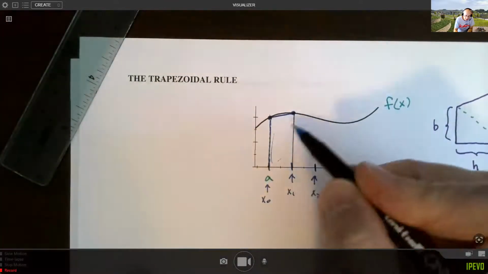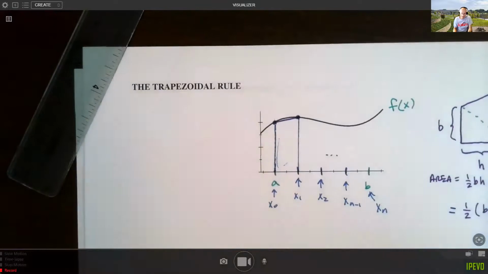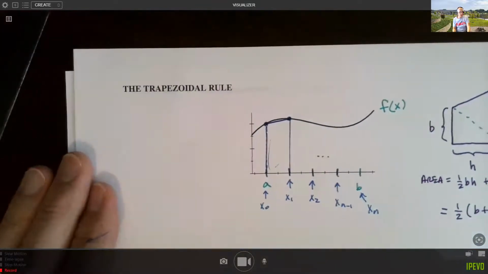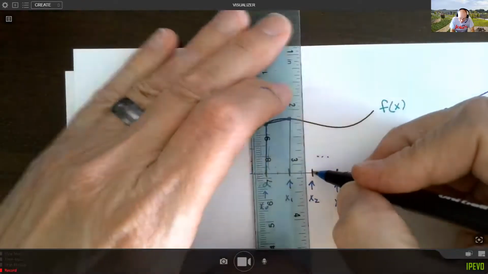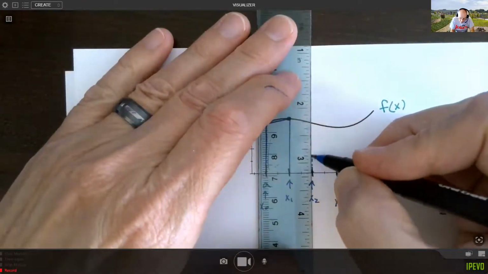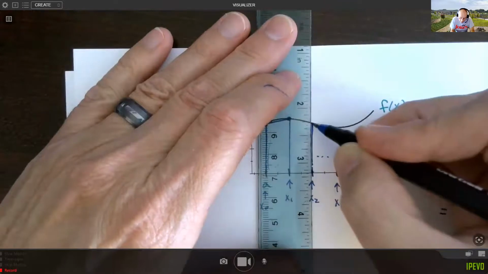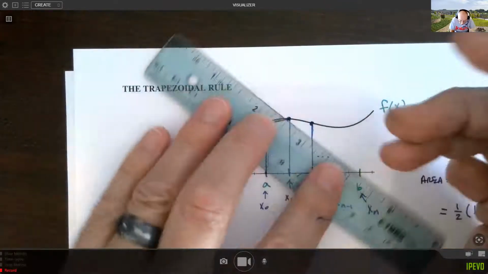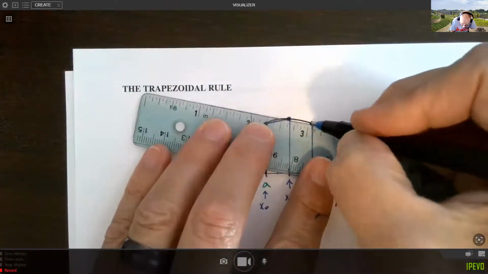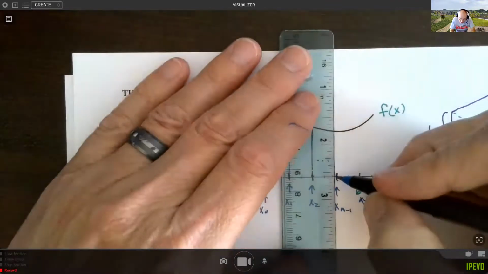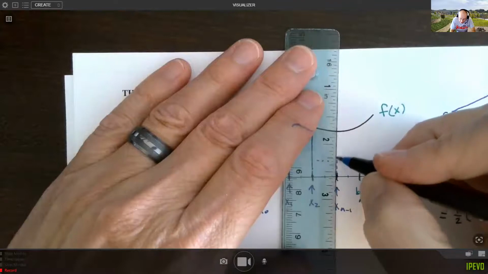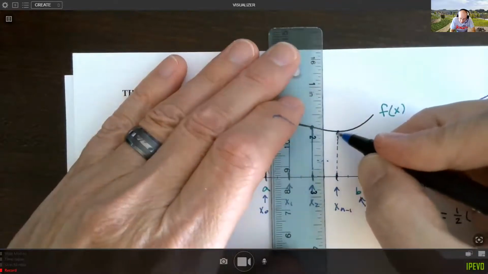This whole shape is a trapezoid. And I'm going to approximate the area under the curve by the trapezoid. You see that? And so the second subinterval from x of 1 to x of 2, I'm going to draw that, and so on, all the way to the last, the nth subinterval.